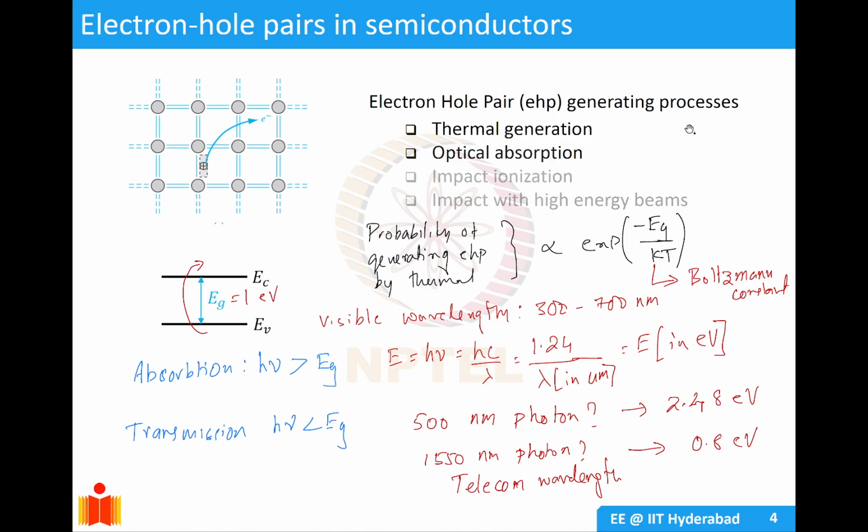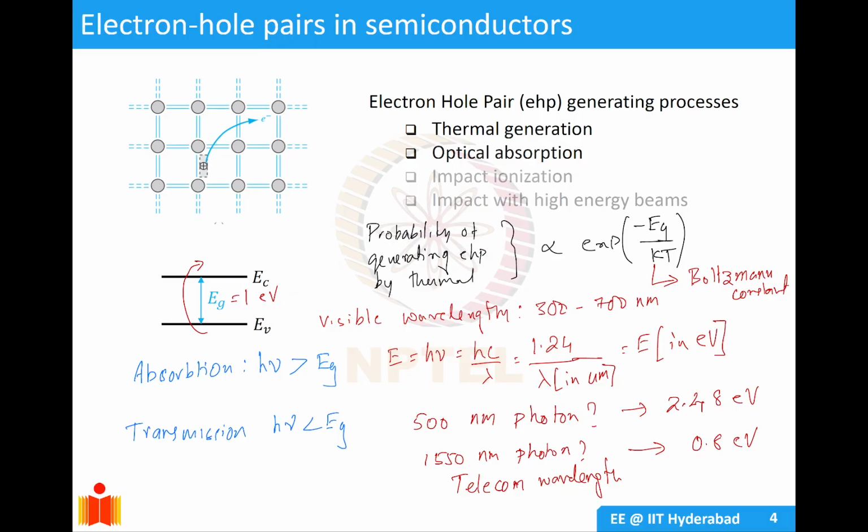We call this electron and hole a pair, and it is called an EHP, electron hole pair. It can be generated through multiple processes such as thermal generation, where the thermal energy imparts enough energy for electrons to go from the valence to the conduction band.